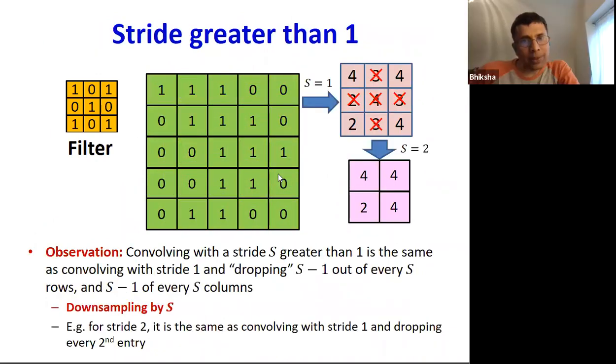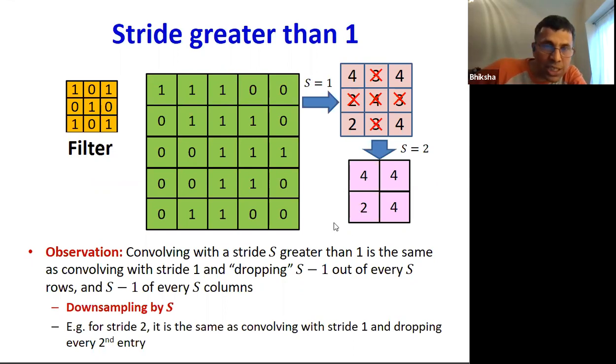But here's what happens when I convolve a map with a stride, let's say of 2. This kind of convolution of this map with this filter would have given me over here, if I use a stride of 2, I'm only going to get a 2x2 output, right?